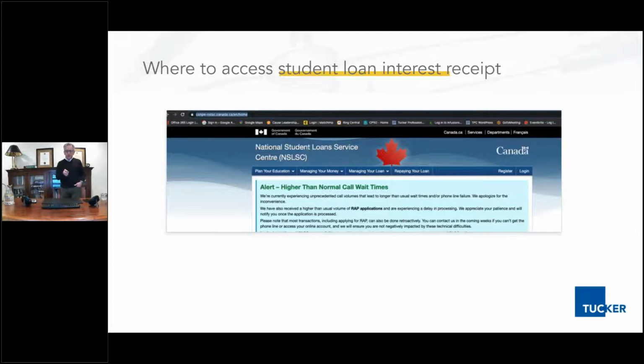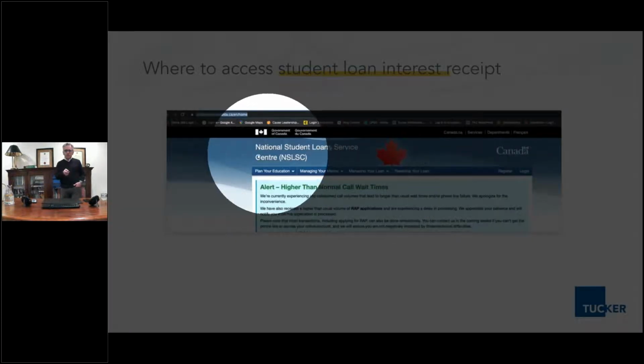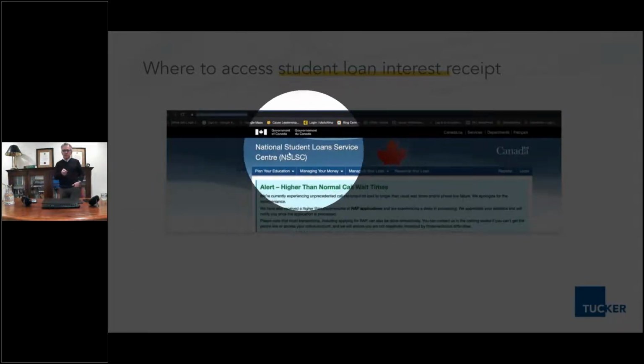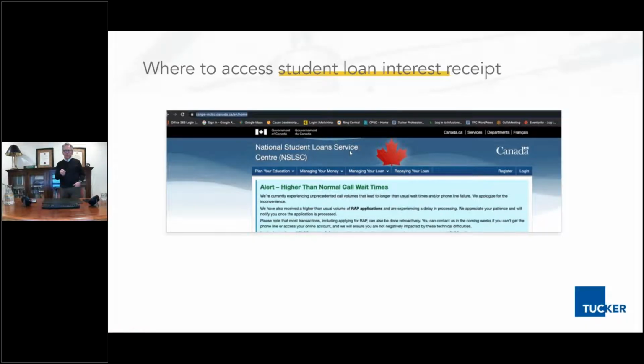It is only a loan that is set up with the National Student Loan Services. You'll get a statement for this. So make certain that you provide us with that statement so that we can claim the loan interest as a tax credit on your tax return. If you're with RBC or Scotiabank and you have a line of credit, that's not the interest that qualifies for this. This is specifically student loans.